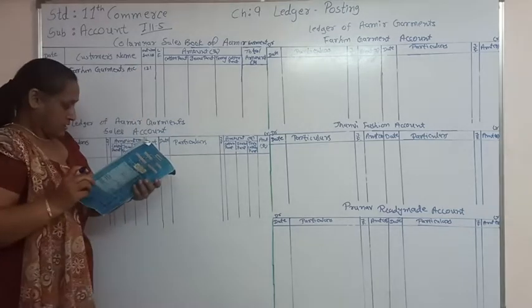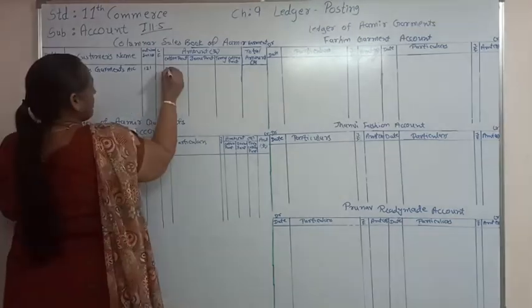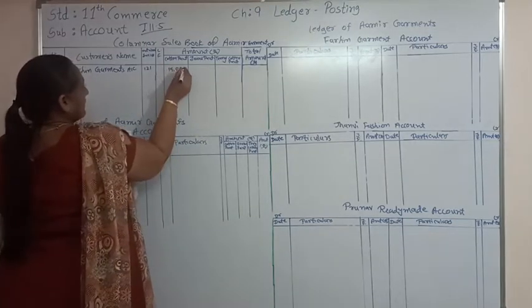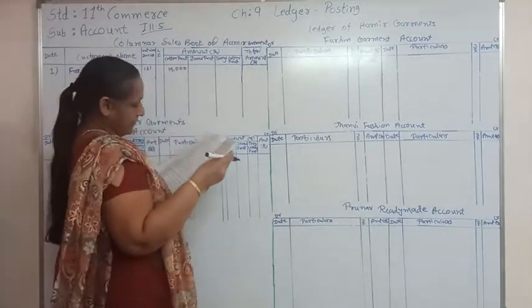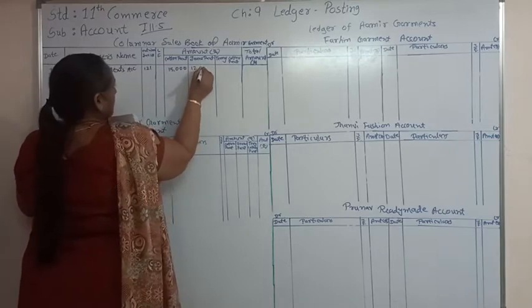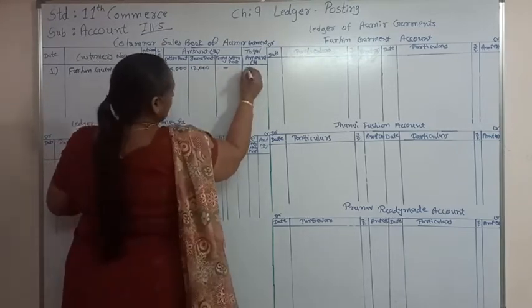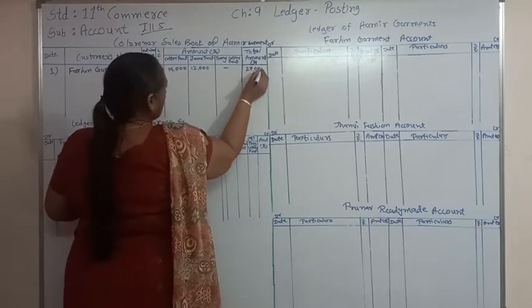Here 50 into 300 will be 15,000 for the cotton pant, and then for the jeans pant 30 into 400 will be 12,000.